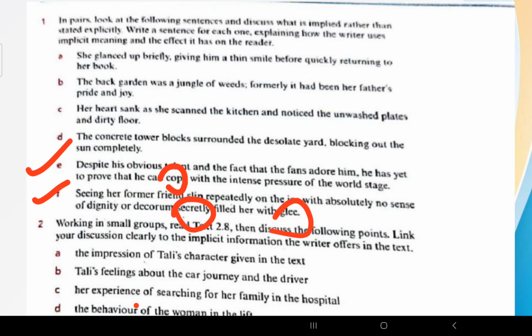Glee means happiness. So this sentence is showing us that there are two people: one is "her", and a former friend. We don't know the genders here, but it can be someone seeing her former friend. Let's use the word friend.